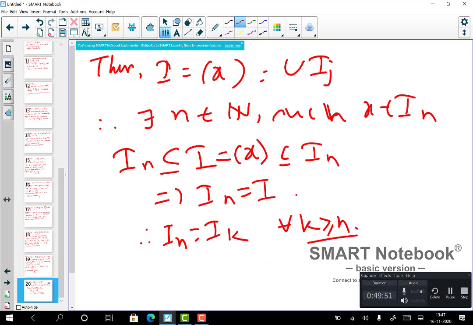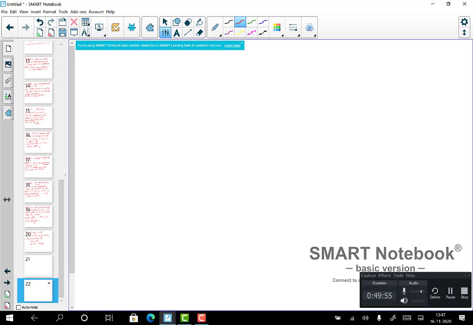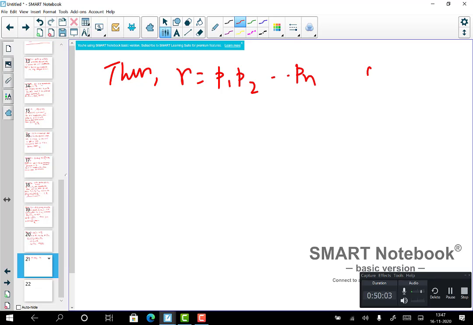Thus you can write R equal to P1, P2, up to Pn, for some Pi's irreducible. Okay, now we need to prove the other part, the uniqueness property.